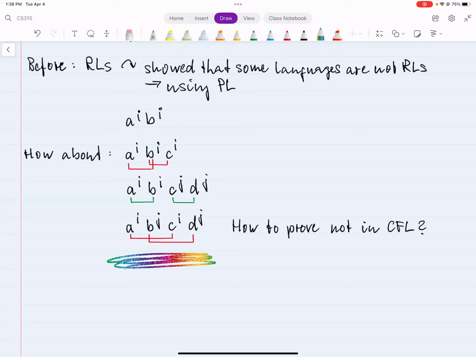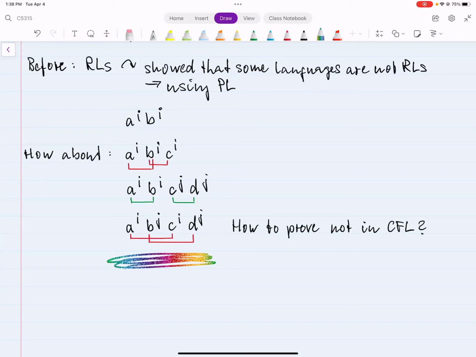So we need to put symbols on the stack for the a's, then a different symbol on the stack for the b's. Now we get into the c's. Well, darn it. We would need to reach further down into the stack to get to the symbols that were related to the a's, and we can't. So we cannot recognize this language by way of a PDA.